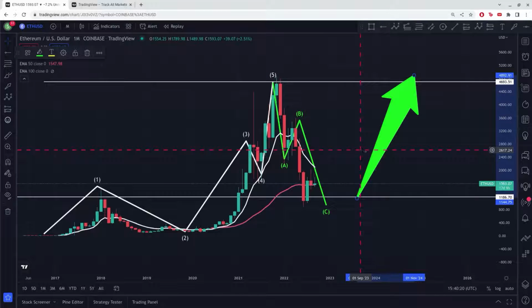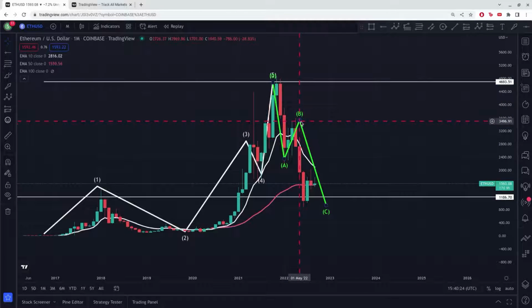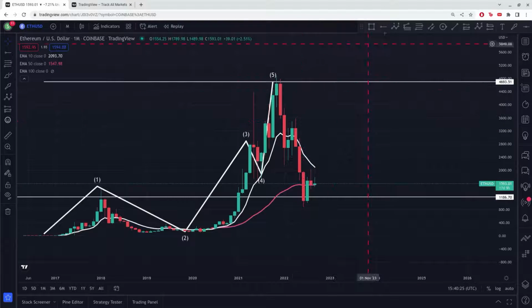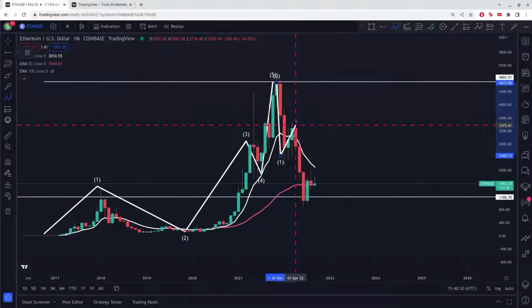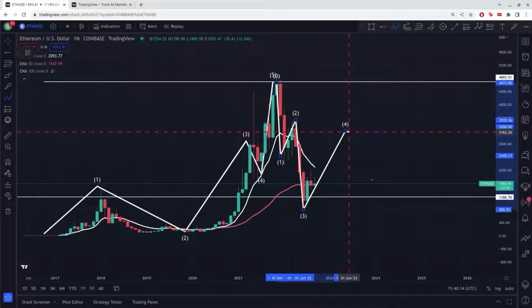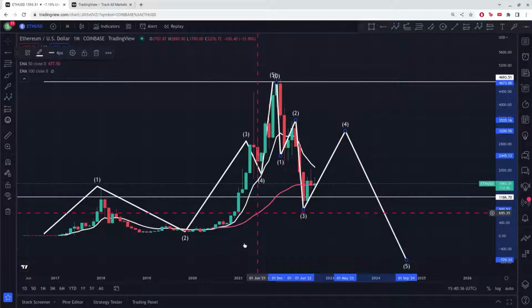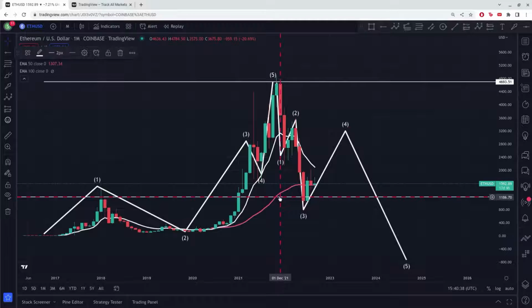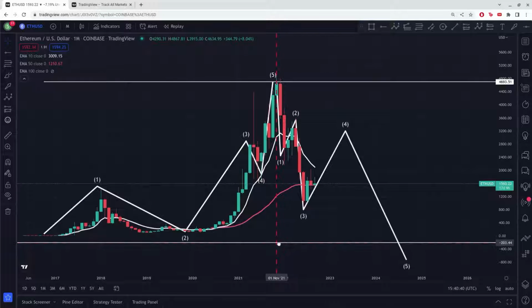On the other hand, if this was a reversal, what you should have is a five-wave pattern, 1, 2, 3, 4, 5, that will lead to the break of this structure.